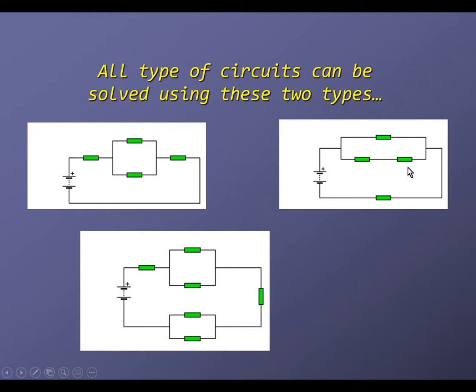In the second one we would start by solving these two in series, then in parallel with the other, and finally all this set of resistances in series with that one, and finally we have this big circuit that you should solve just by following step by step. These two in parallel, these two in parallel, and then this in series with this, with that. But we are not going to solve these difficult circuits this year.